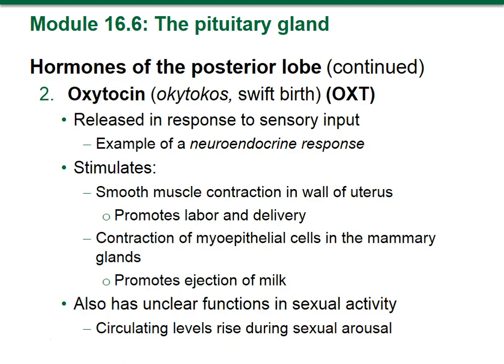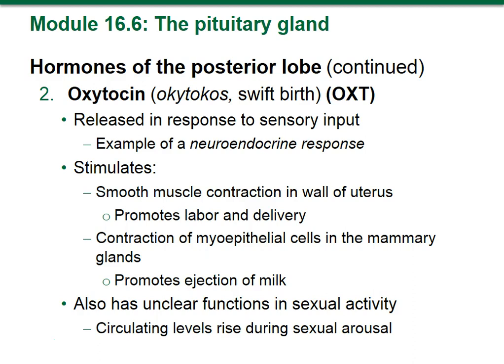Number 2, oxytocin is the second one released from the posterior lobe. It's released in response to sensory input. It stimulates smooth muscle contraction in the walls of the uterus, which promotes labor and delivery. Contraction of the myoepithelial cells in the mammary glands promotes ejection of milk, and again has an unclear function in sexual activity.